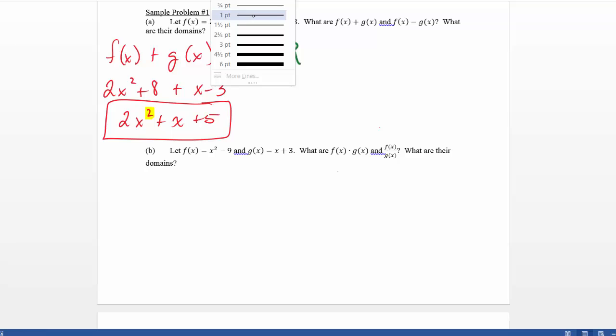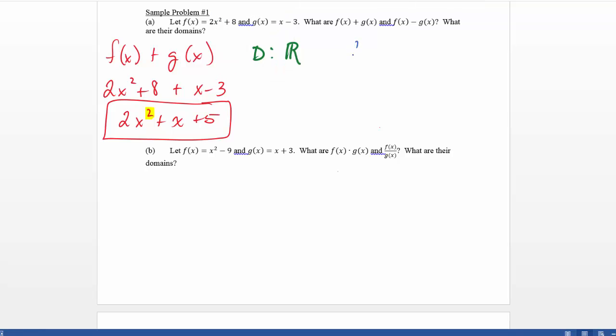Alright, now I'll do the subtraction part. Again, f of x minus g of x. This is a little bit different in that you can't simply replace g of x. You have to make sure that you put it in parentheses because we're subtracting the entire function, and you have to distribute the negative before you can combine like terms.